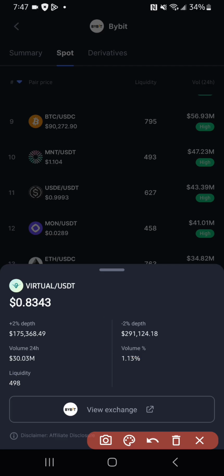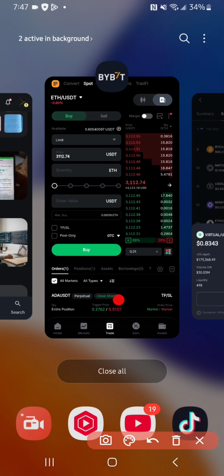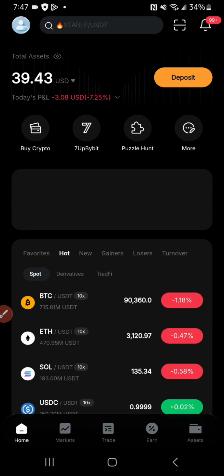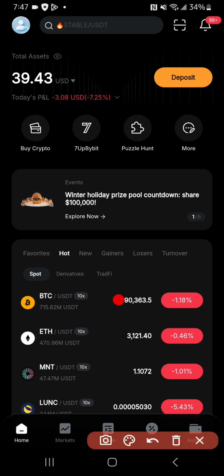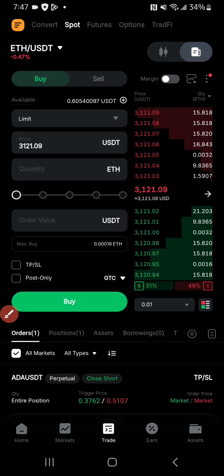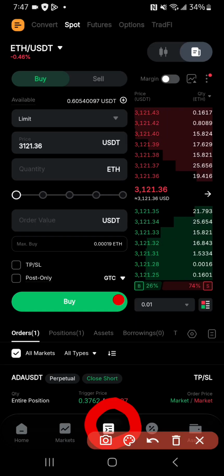All we need to do now is to quickly hit on to Bybit and do the implementation, because it has met the requirement. On Bybit, we will need to search for the coin which is called Virtual. So head on to this trade section at the bottom, click on that trade, and then click on spot.